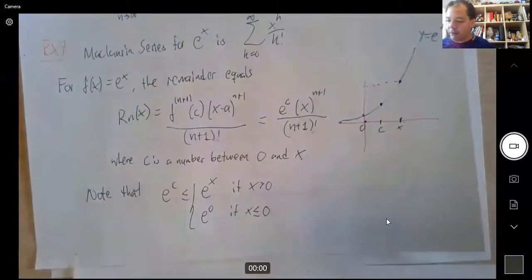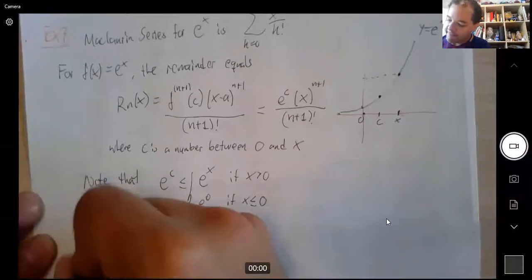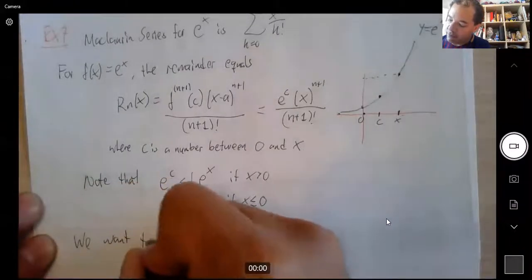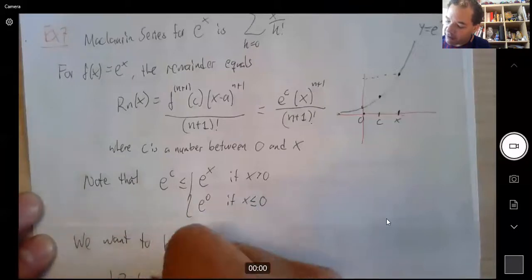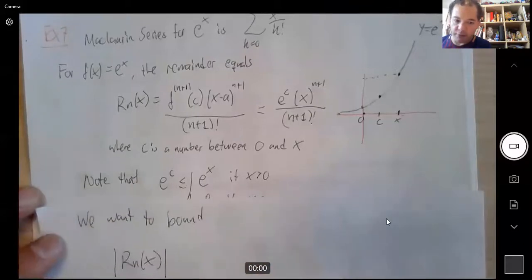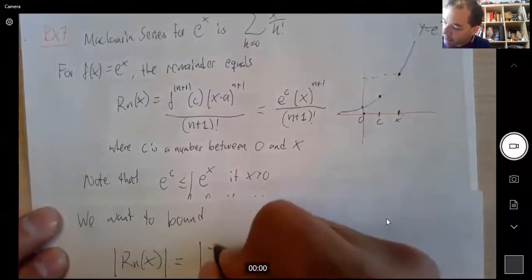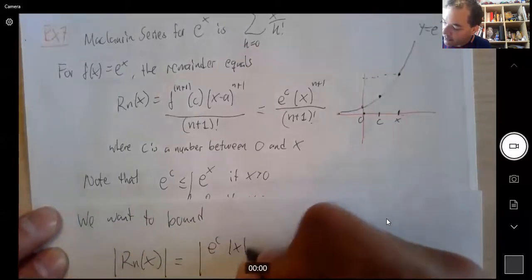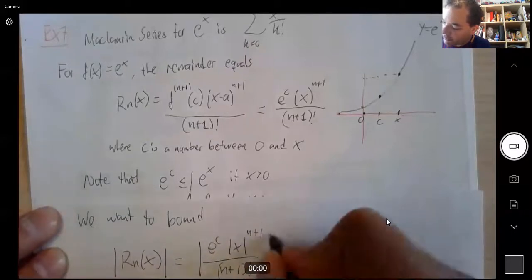We want to bound the absolute value of Rn, right? We want to make it small. And what is that? Well, that's the absolute value of e to the c, x to the power n plus 1 over n plus 1 factorial.